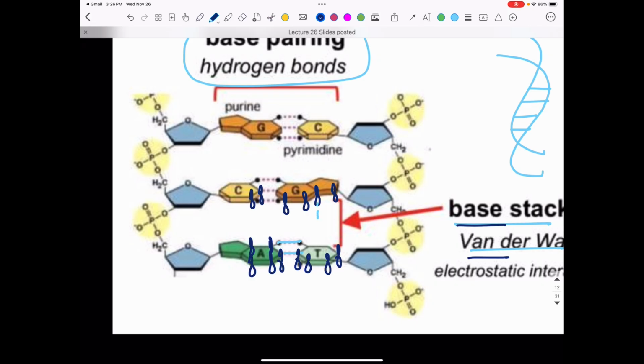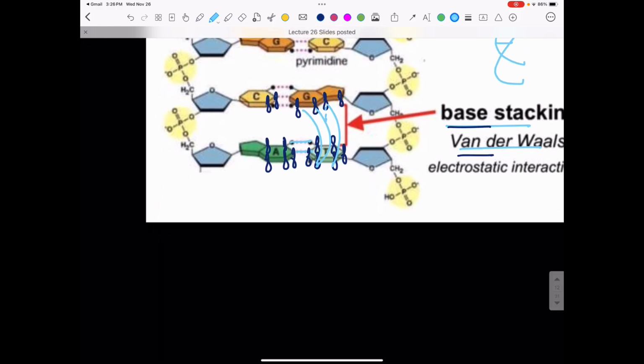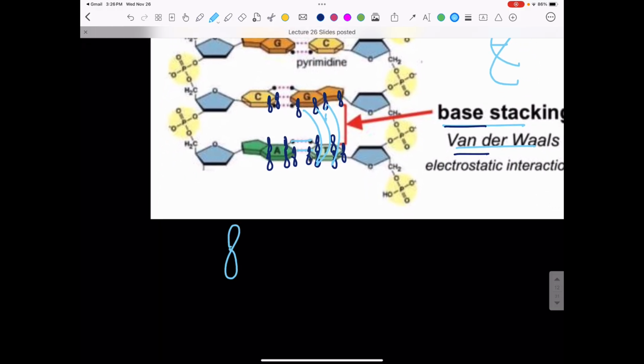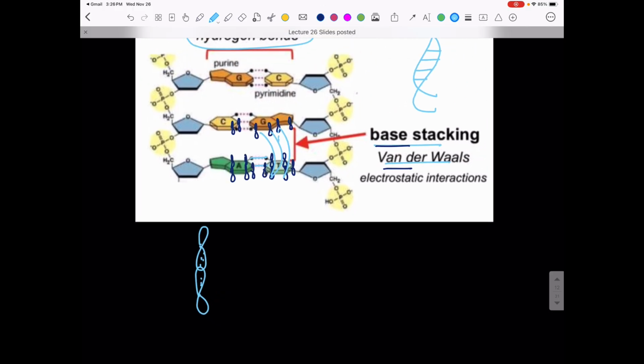So these guys can interact with, right? They sort of overlap. So if you have the p orbitals from the top and the p orbitals from the bottom, you can see some sort of p orbital interaction, and that is called the pi stacking, pi base stacking interactions that provide additional stability for the duplex structures.